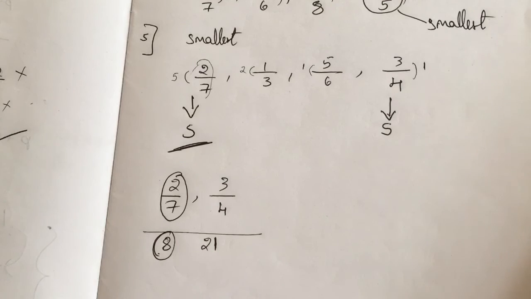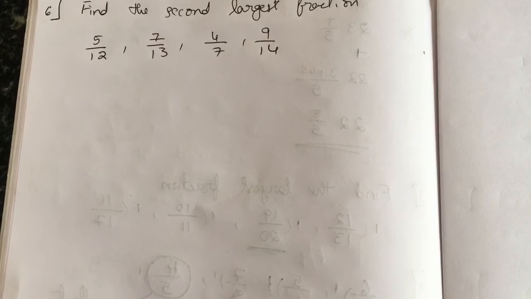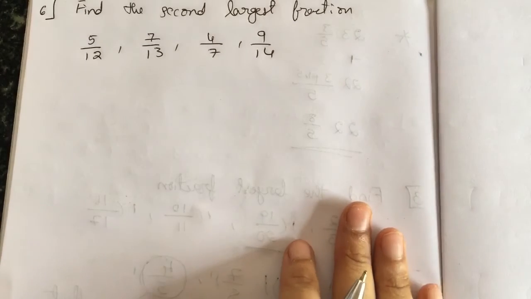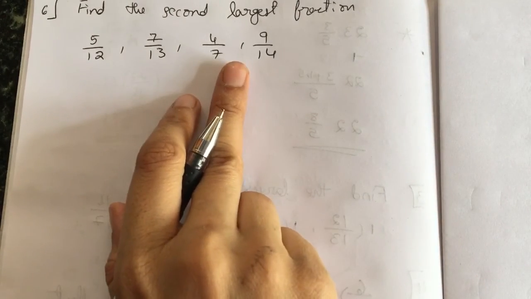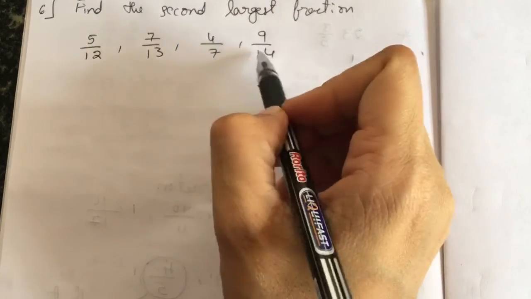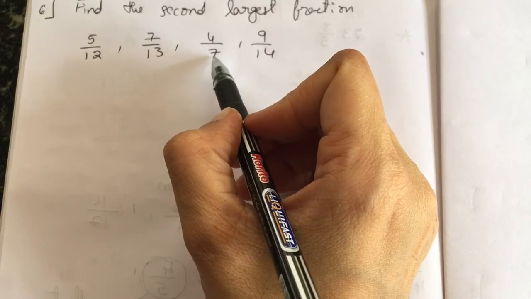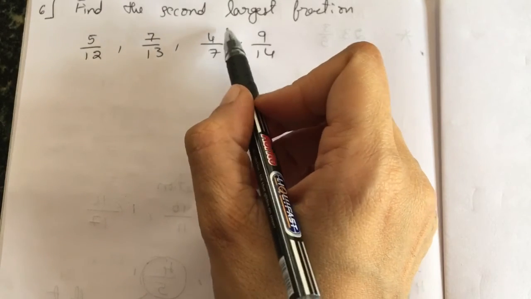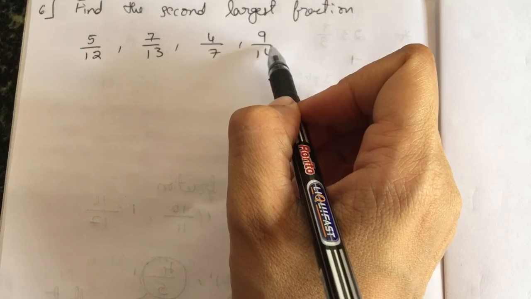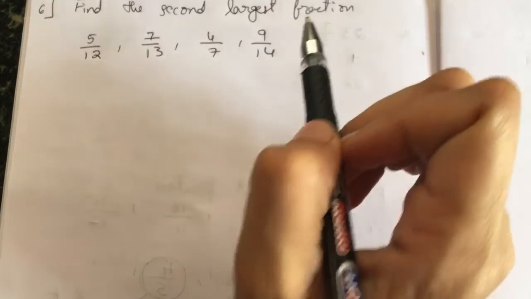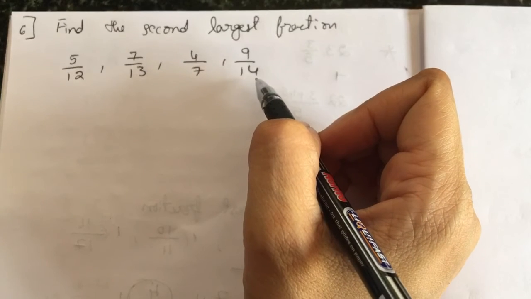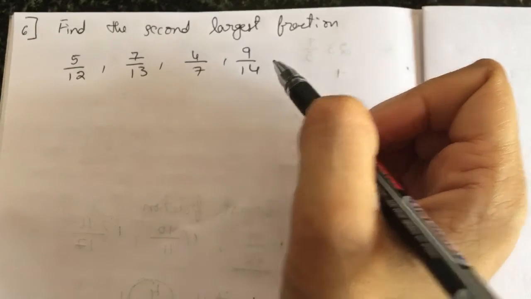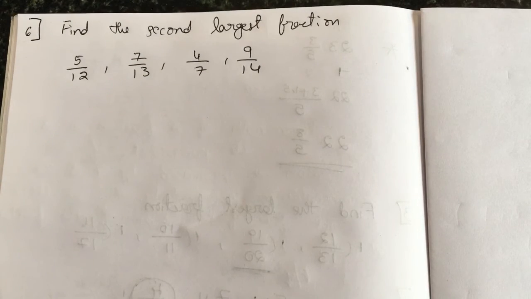Okay, let us go for a few more problems. You need to find the second largest fraction. Now you observe one thing in this problem. These two are such that when I multiply this fraction by 2 and divide it by 2, the denominator will be the same. So in those cases, I cannot apply the rule that if the difference between the numerator and denominator is less, then that fraction is the greatest one.